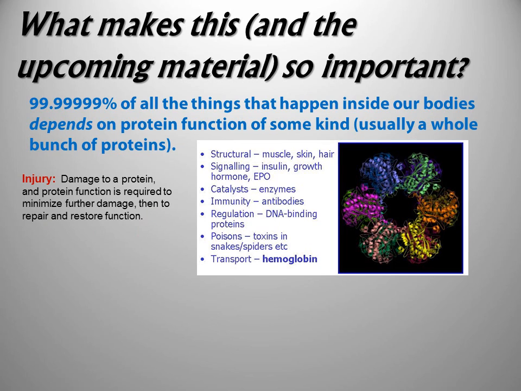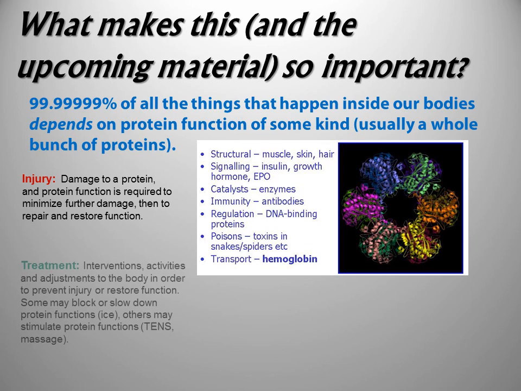Why is it that when somebody has an injury, it makes sense to put a little bit of ice on initially, but you don't just bathe them in ice for hours and hours and days? Why is that? The reason is that at some point you're going to need protein function to repair and restore. So ice is inhibiting protein function, so you might actually slow healing if you ice it too much. You may even cause injury if you ice it too much.